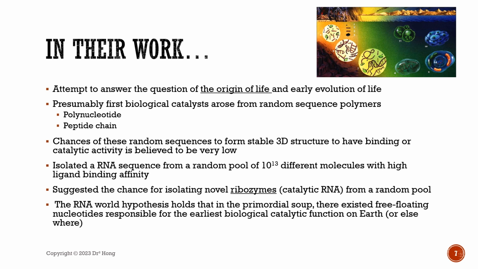Now, this discovery has added weight to the RNA world hypothesis, which holds that in the primordial soup, free-floating nucleotides were responsible for the earliest biological catalytic functions on Earth, or maybe elsewhere. Now, despite ongoing debate and research, the origin and early evolution of life remains a topic of great mystery and scientific inquiry.